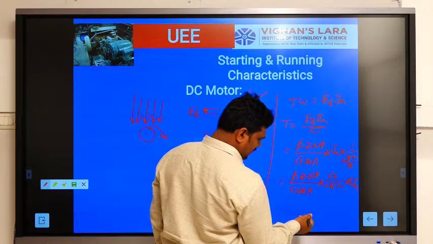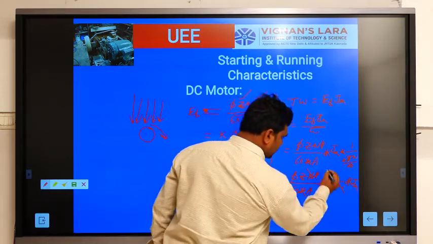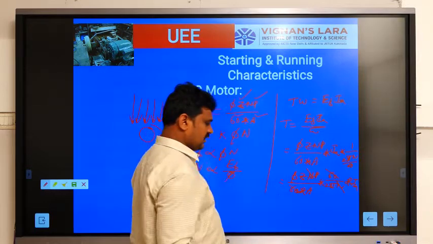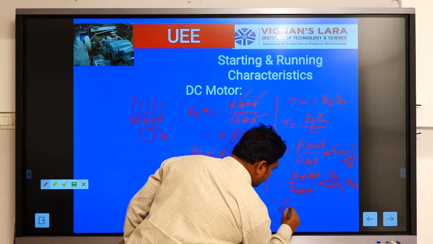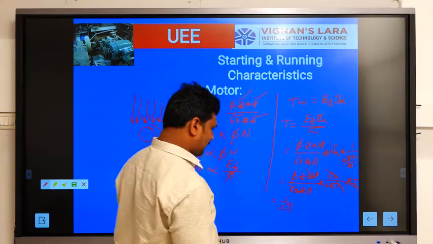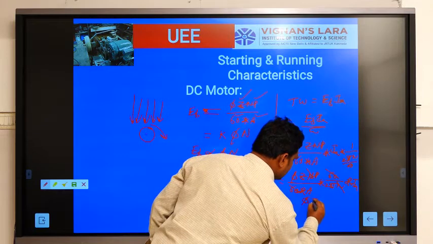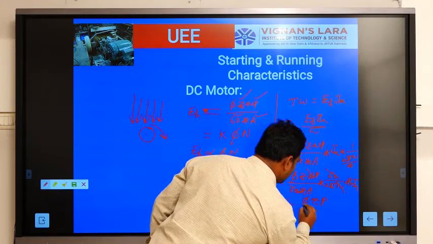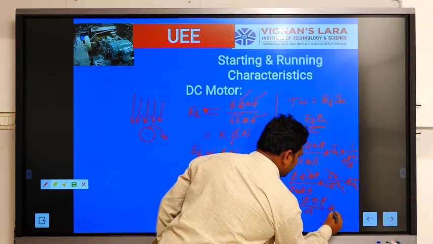Now cancel the common terms. This N and this N are cancelled. Now 60 and this 60 are cancelled. Now the equation will be 1 by 2 pi, which is a constant term, into phi Z P by A into IA.